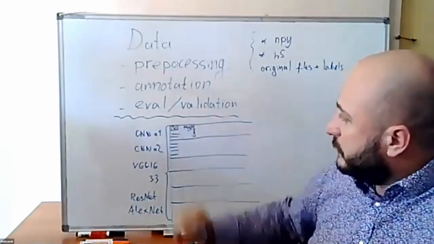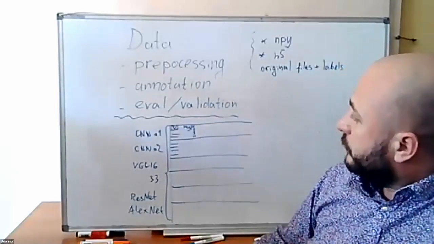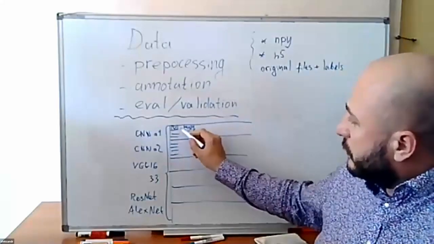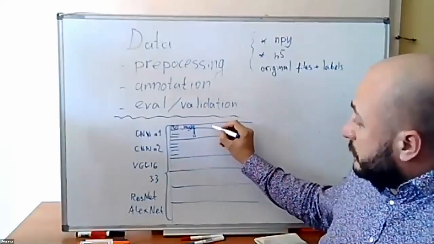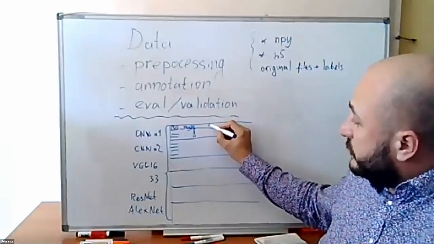We put here: check on our ops box and record evaluation result.